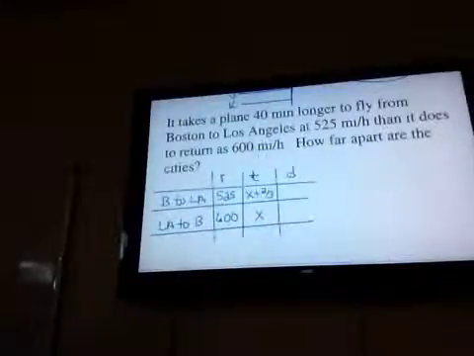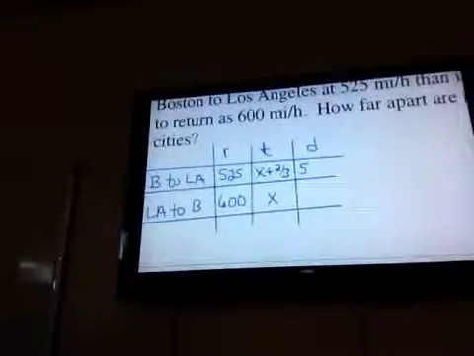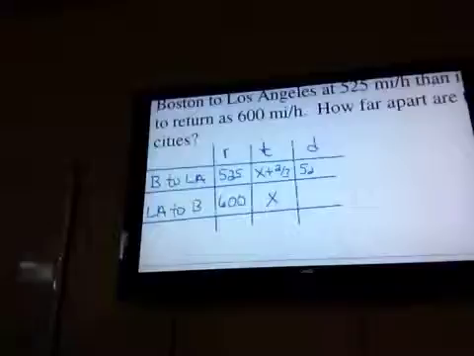Distance is always the product of your rate and time. So 525 x plus 525 times 2/3. I'm using that fraction button a lot. 350.